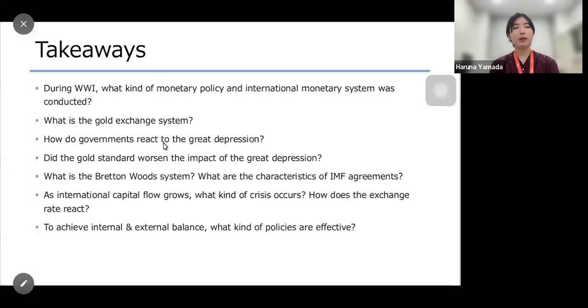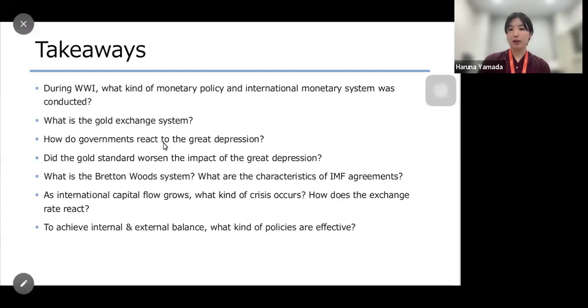They imposed very large import tariffs, and then world trade shrank. Such trade war spread the effect of the Great Depression. The gold standard wasn't the cause of the impact of the Great Depression. Why? Please check and review that.